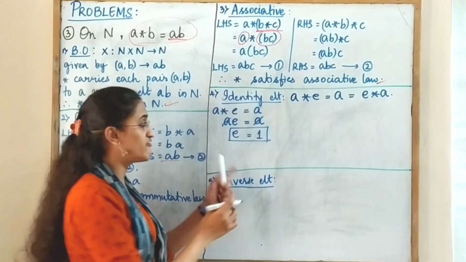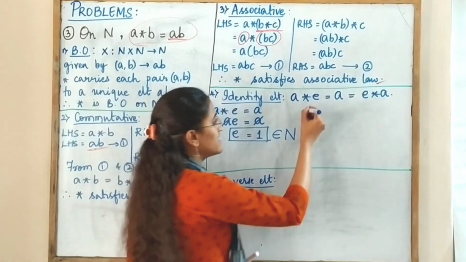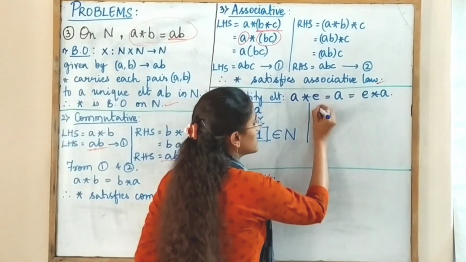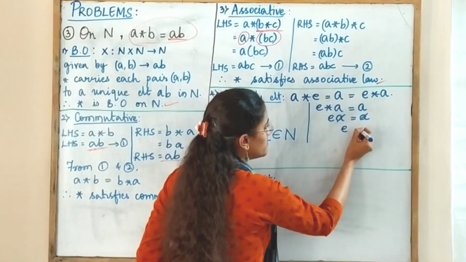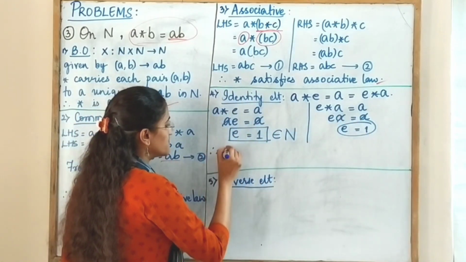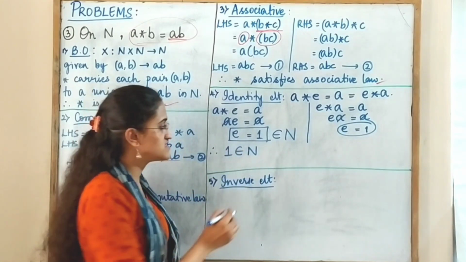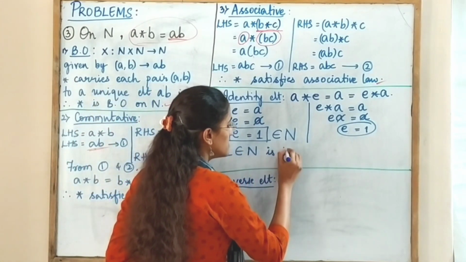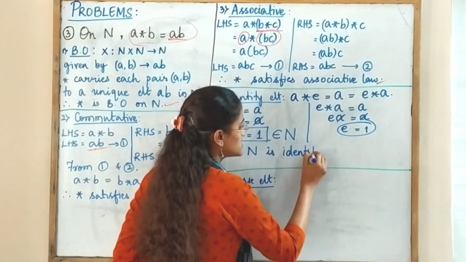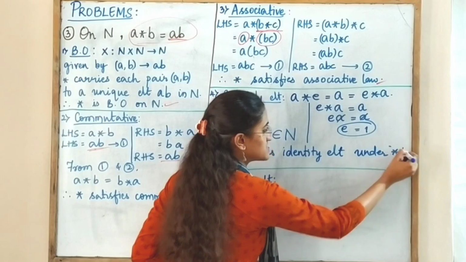And obviously 1 is an element in the set of natural numbers. Again, you can also verify with the other part of the equation, E will be equal to 1 again. And therefore, you can conclude that 1, which belongs to the set of all natural numbers, is the identity element under the operation star.